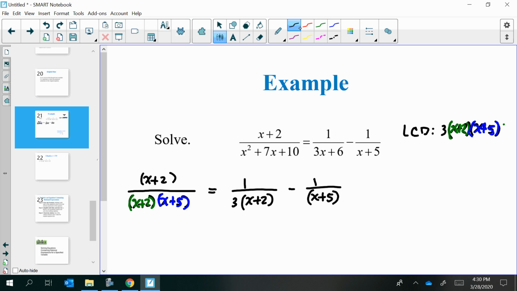So I can rewrite this term as 3 times x plus 2. For the second term, notice the x plus 2 is going to cancel and the 3 is going to cancel. So the only thing that's not going to cancel is the x plus 5. So I can write the 1 times the x plus 5.